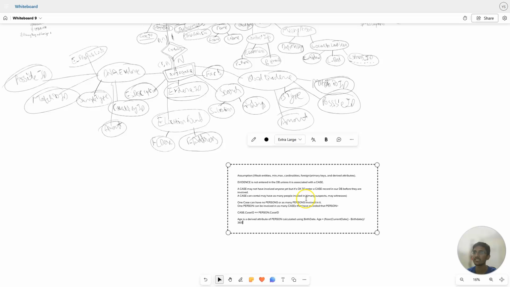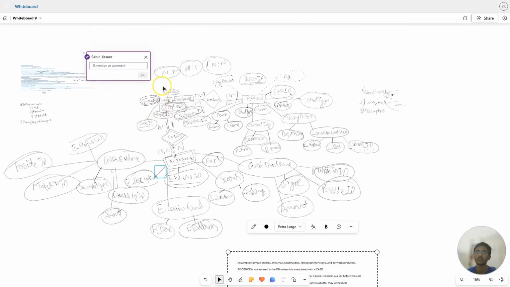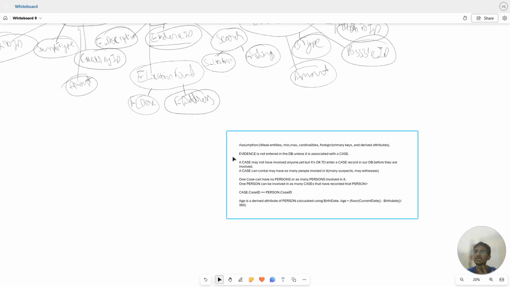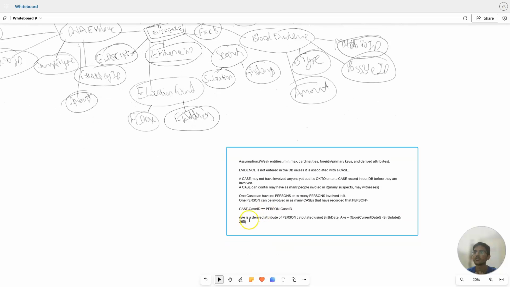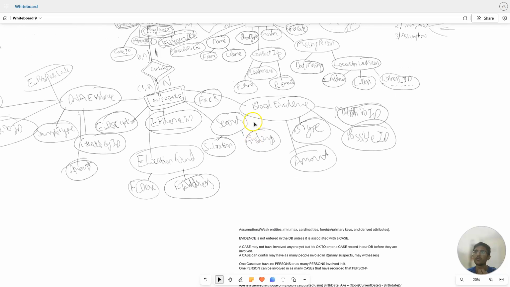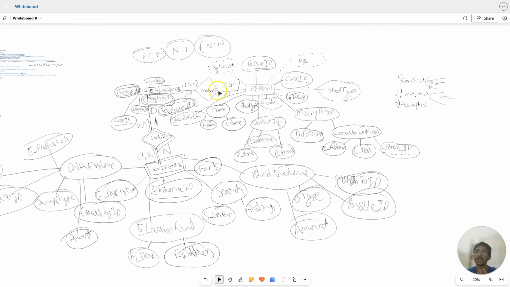This is not exhaustive of the list. So we have to do min maxes for all those. So we're going to have like 2, 2, 4, 6, 8, 8 min maxes. Derived attributes, we also have to do the derived attribute for age bracket, foreign key, primary key. So there's going to be at least one primary key that maps to a foreign key, or the other way around.